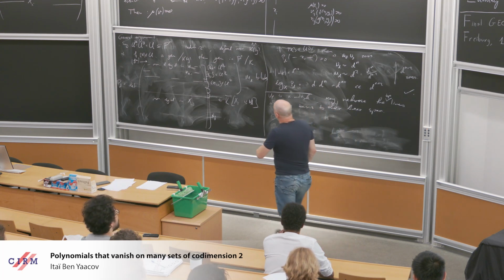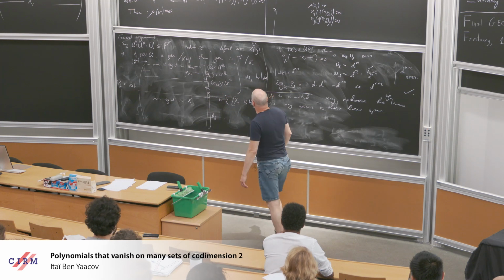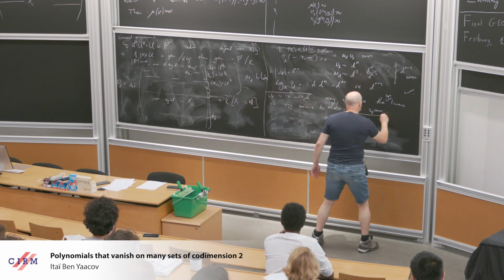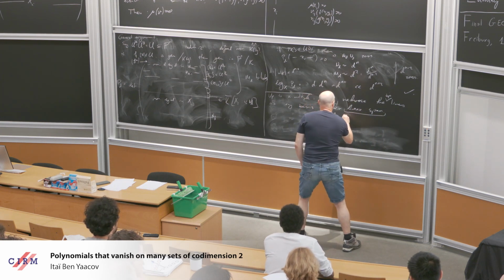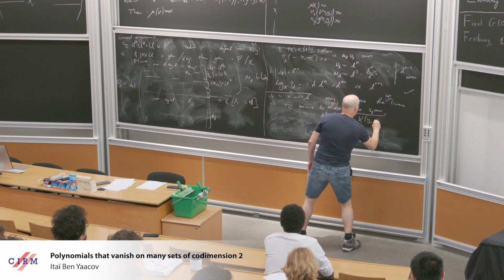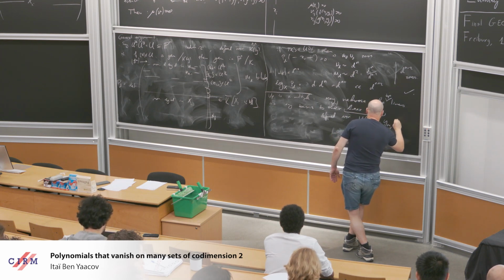But the point is that this vector space is basically defined over k and the yi's. So this linear span is defined over just the field k with y0 to y, okay, md minus 1.